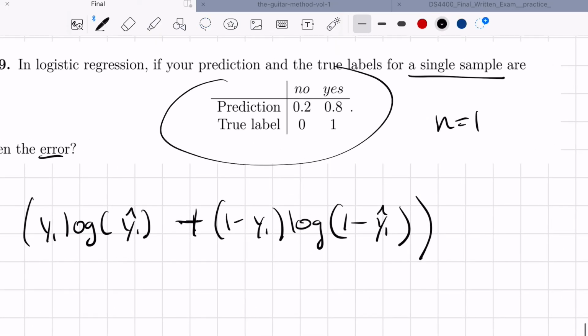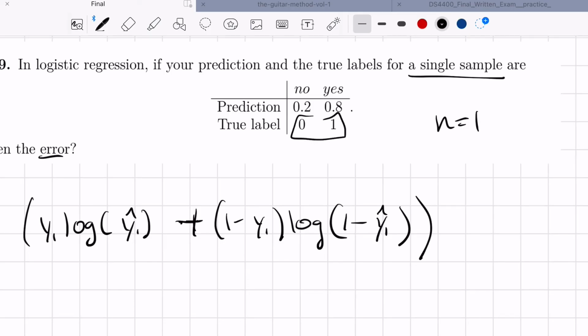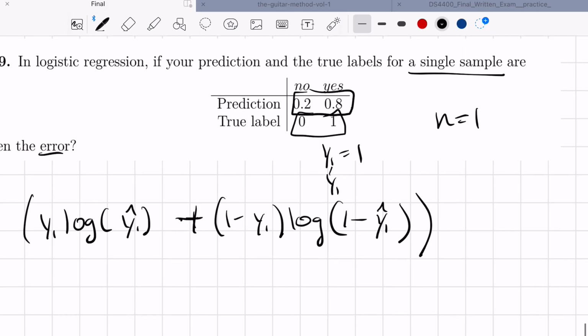We also get information about the single sample, and it seems our true labels are one-hot encoded. Based on this information, y_1 is equal to 1, and based on this information up here, y_1 hat is equal to 0.8.